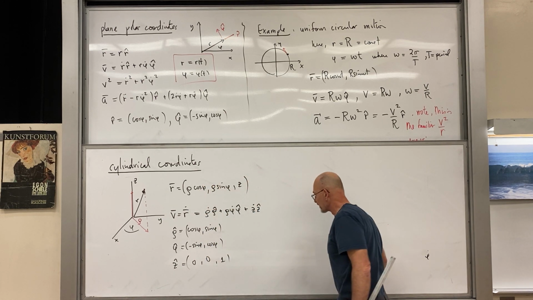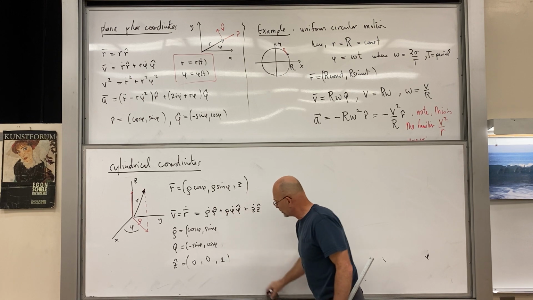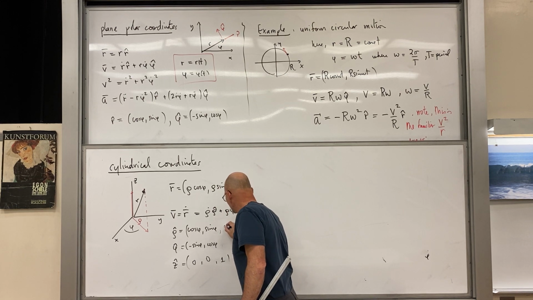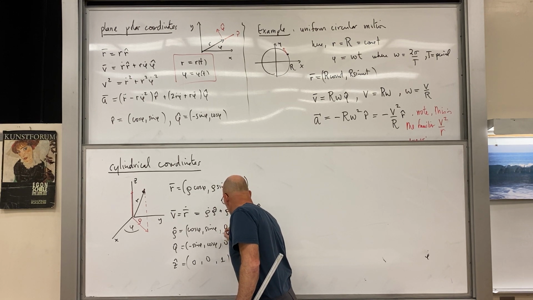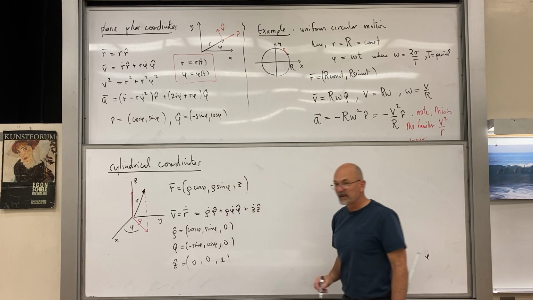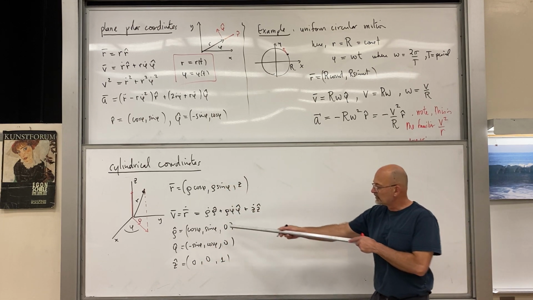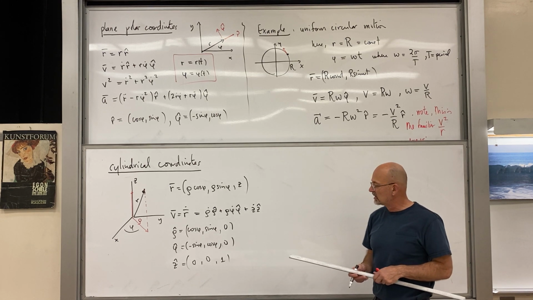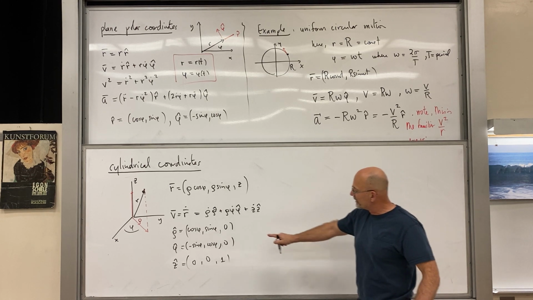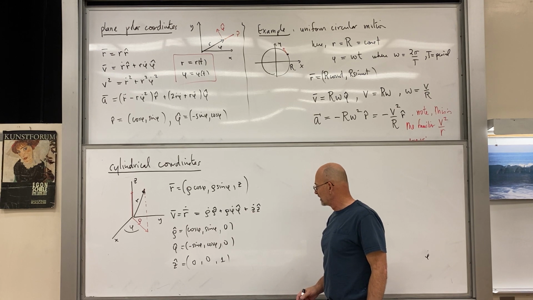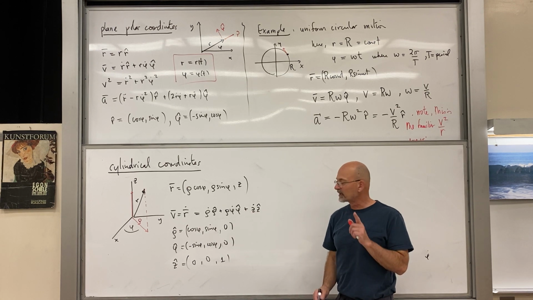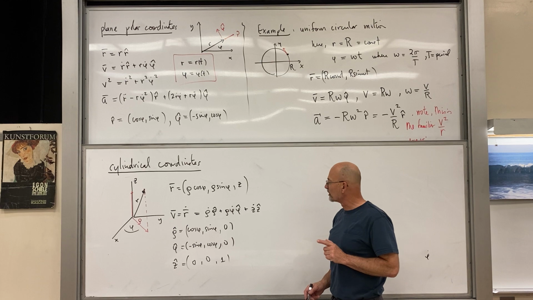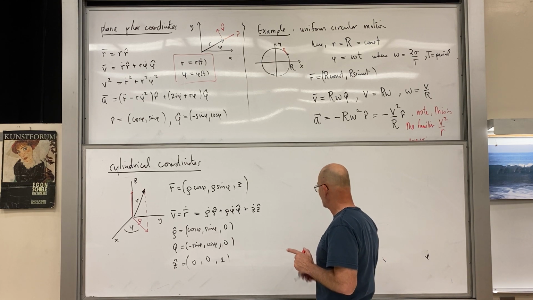Okay, so here's what I forgot. We're in 3 dimensions, so 0, comma, 0. Okay, so yeah, that easy. And all 3 of these are unit vectors, and all 3 of them are orthogonal, and all 3 of them form a right-hand system. I'm going to make that a homework assignment in a moment.